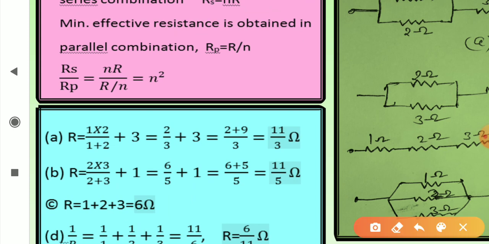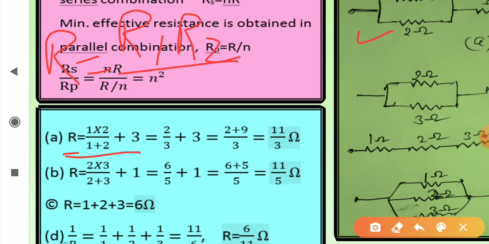So in the first case, I took 1 and 2 in parallel. So the resultant is, as I just told you, for parallel R1 R2 upon R1 plus R2, और जो सीरीज में होगा वो अपने आप ही जुड़ जाएगा R3. ठीक है, तो हमने क्या किया, we have taken 1 and 2 in parallel.